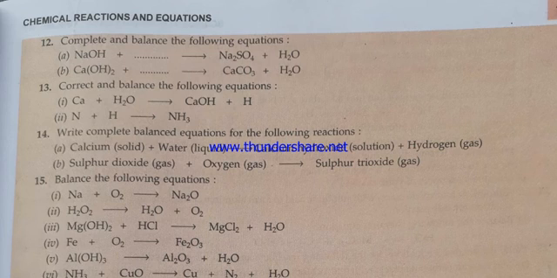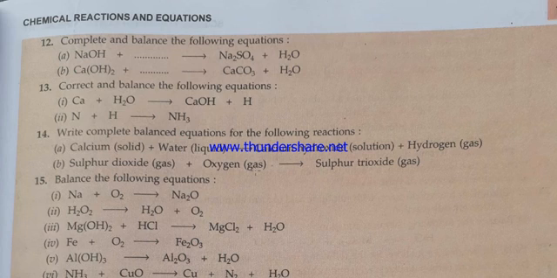Up to here is fine. Here it will be Ca(OH)2, that is calcium hydroxide, and here it is H2, that is hydrogen gas. Here N2 plus 3H2 will form 2NH3. Calcium plus water will form calcium hydroxide plus hydrogen gas. This is the equation.